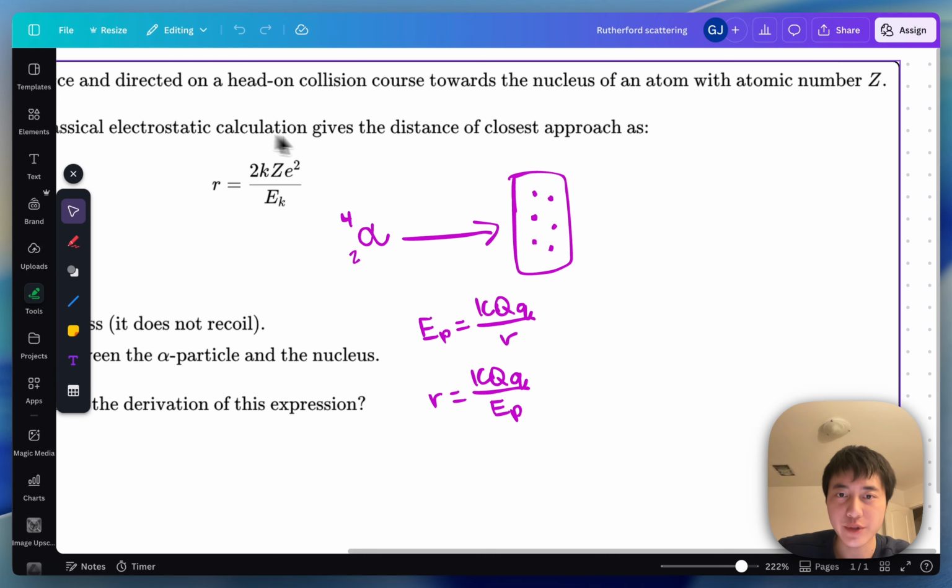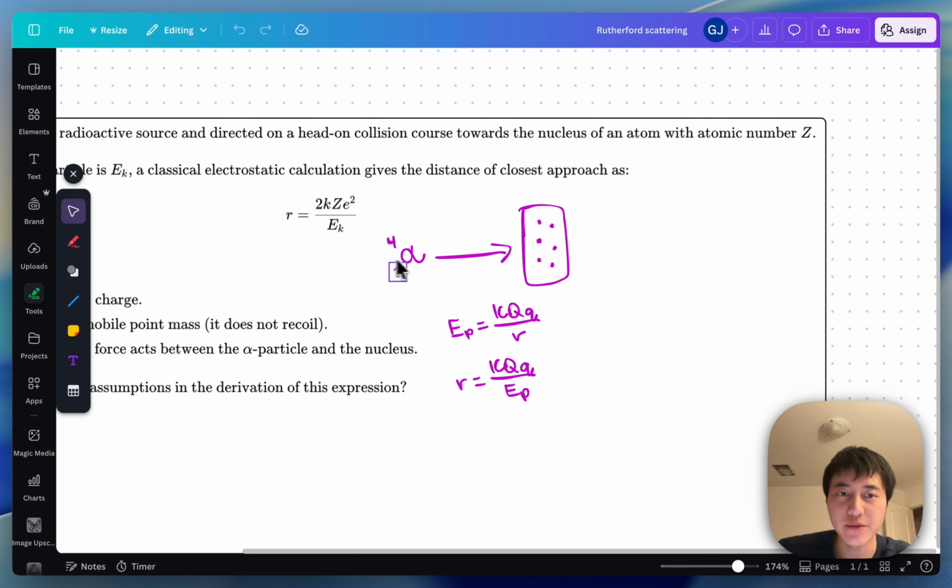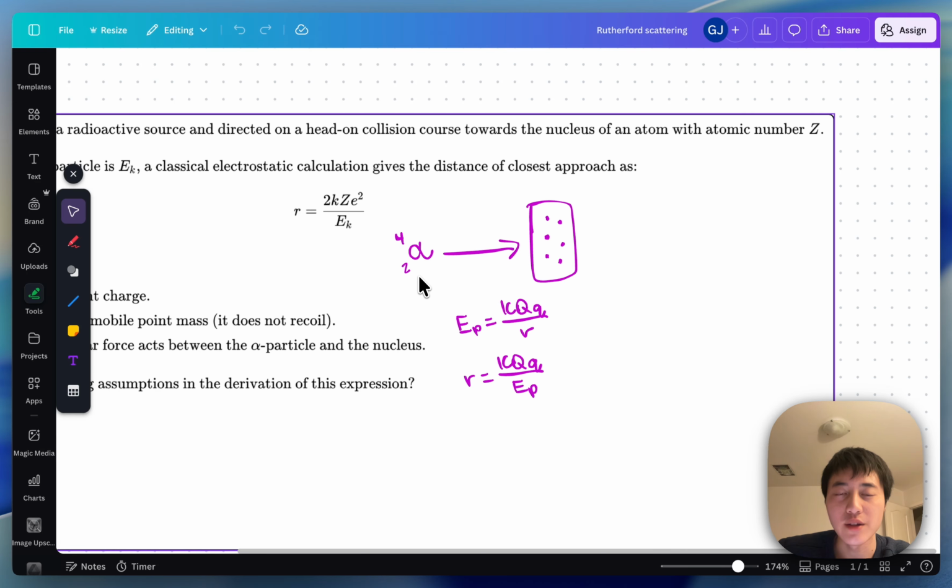So the distance of closest approach, if you visualize it, is when it's closest to the foil, because the nucleus is going to be positive, full of protons, and the alpha particle is also 2+. Because both are positive, they'll experience a repulsive force, and it's sent with really high initial kinetic energy to the right.